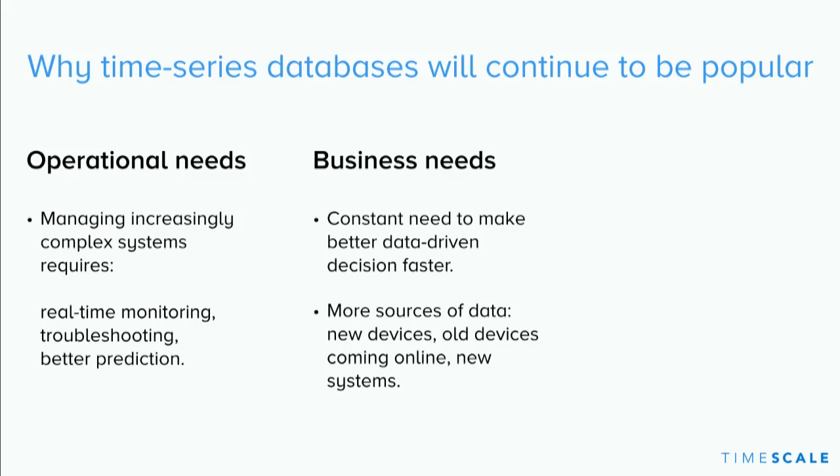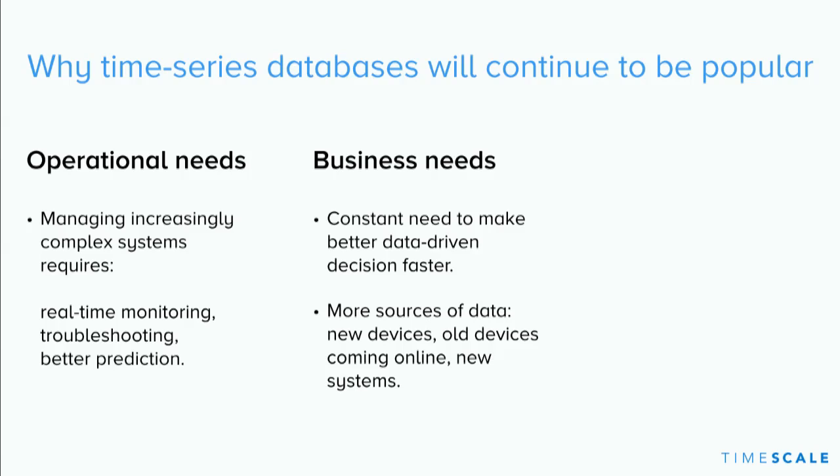A second driver is business needs. There's a constant need to make better data-driven decisions faster. Another reason we're seeing this move towards time series is that it's a higher granularity of data. You're getting data faster with more detail, which lets you make better decisions.